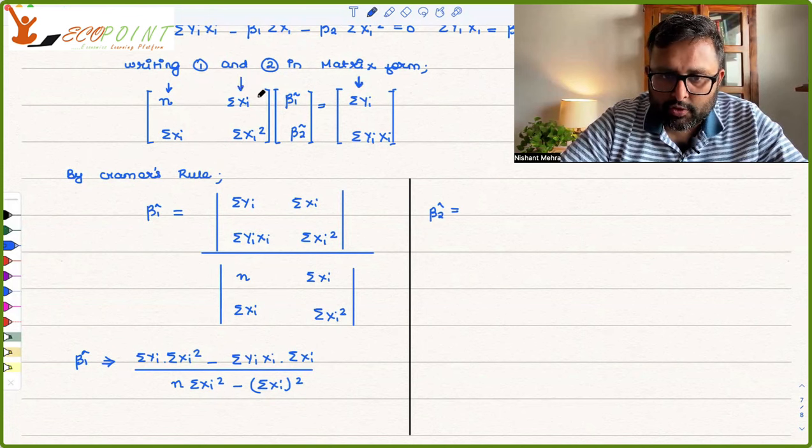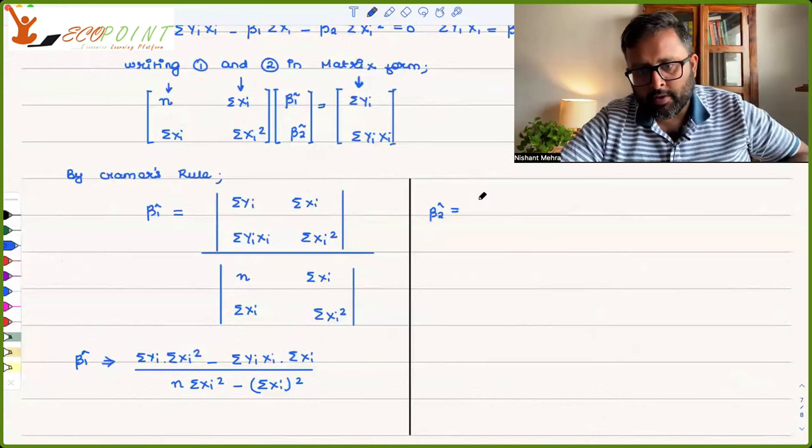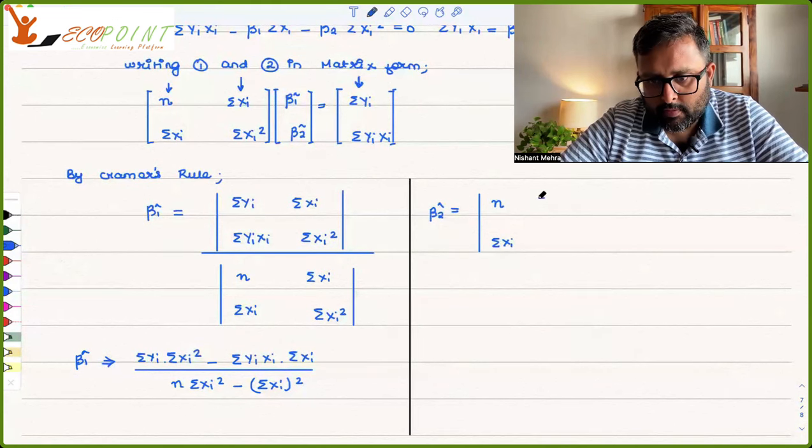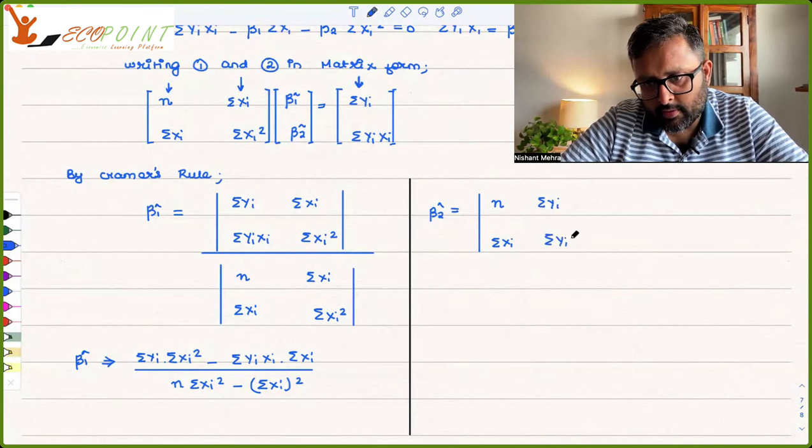So you will be replacing this column with this column, right? That's what you'll be doing. The first column will remain intact. So it becomes: first column intact, summation of yi, summation of yi xi.